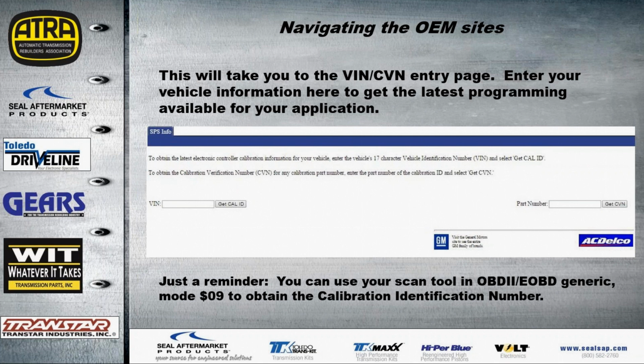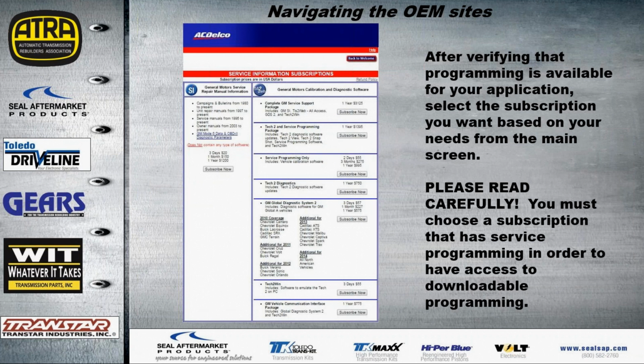And at that point, we can match what we have in our vehicle computer to what is available for programming on the website. Now, again, we're going to search through the databases, aftermarket databases as well as the OEM database, for the pertinent programming or bulletins and documentation that would be pertinent to our application.